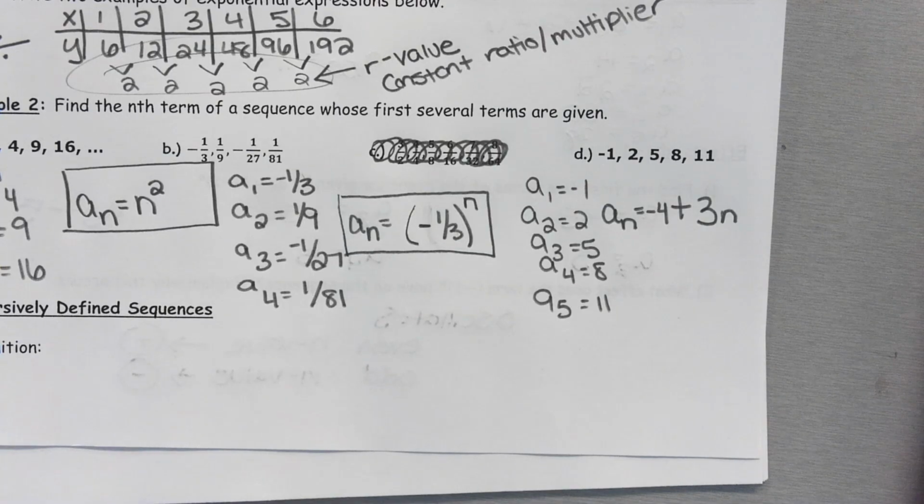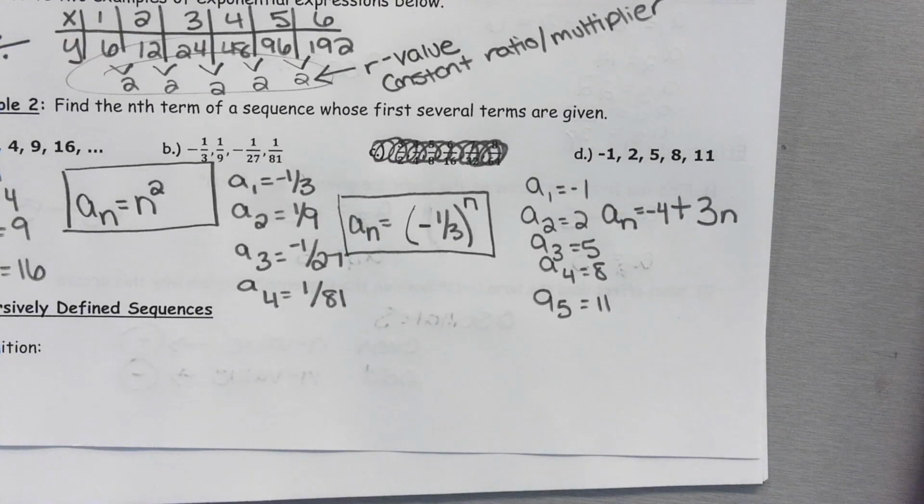Plug in your 1. 3 times 1, 3 plus -4. -1. Plug in our 2. 3 times 2 plus -4. Do you see how it's going to work for all of them?